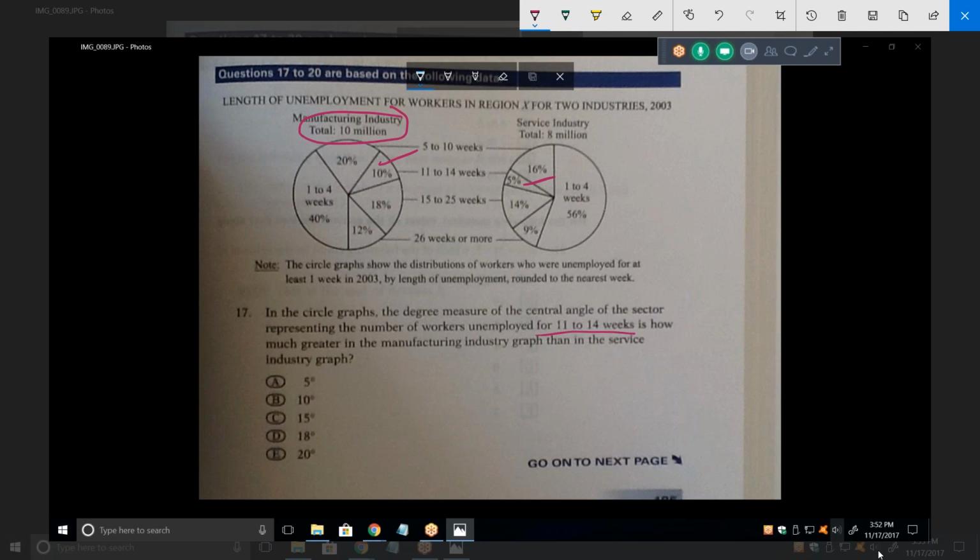What's 10% of 10 million? 10% of 10 million? That's not 1 million, is it? Yeah. And over here, what is 5% of 8 million?